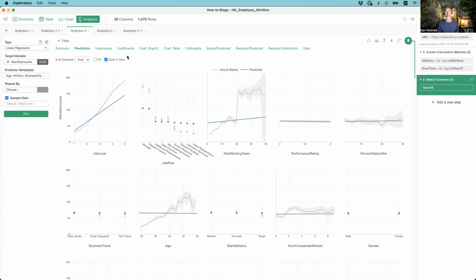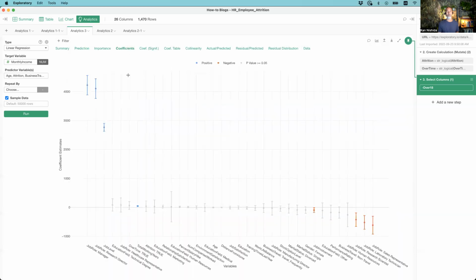But there's one thing that you might want to go there for, which is the color. Blue is positive, so that means increase. Red is negative, that means decrease. The 1 unit increase in the predictor variable affects the value, a decrease in this case of monthly income.